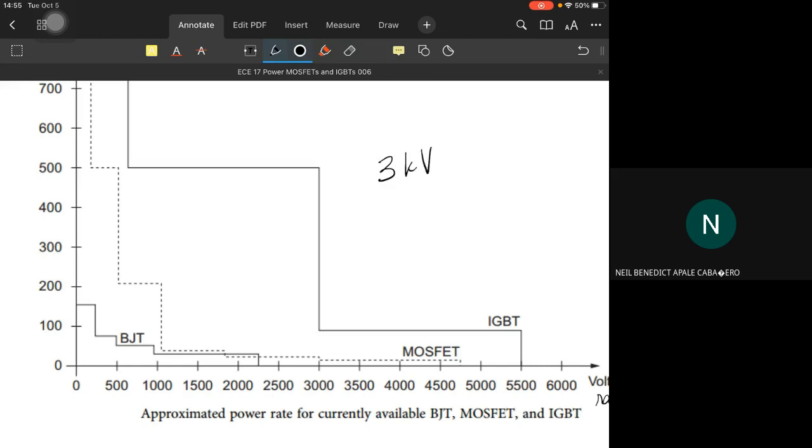So, dire, mamani ang line sa 3,000 kilovolts. So, si BJT, dili pwede, no? Dili pa lang daan, si BJT dili pwede. Kay siguro naras sa mga at most 2,500 ang iyang current, voltage rating. So, X na si BJT.